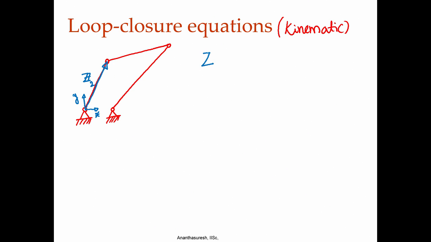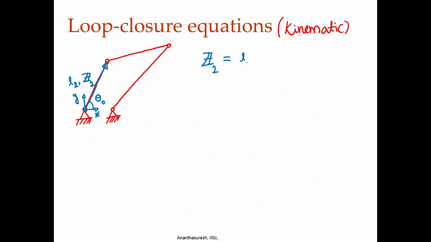When I write Z2 in this manner, in a script Z fashion, what I mean is that it is a complex number which will have real and imaginary parts. So, let us indicate that this angle is, let us say, theta 0, and length of this is let us say L2, as we had done earlier. Then Z2, if I take the origin at this point, I can write Z2 as a vector or as a complex number.